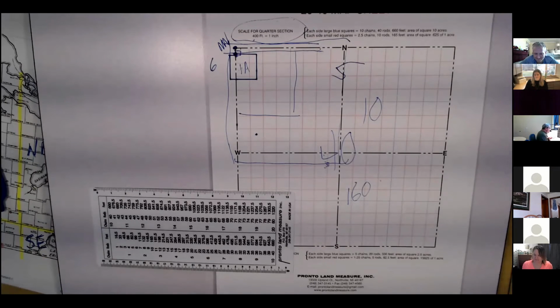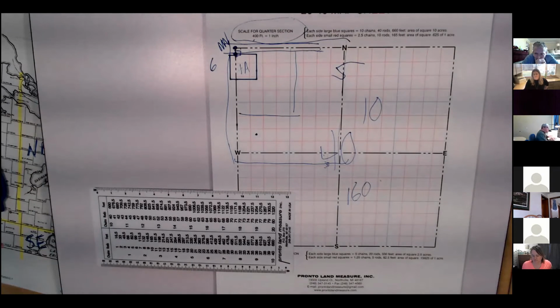A survey township is 36 square miles, and there can be 1, 2, 3, 4. I think there might even be some political townships in the Upper Peninsula that might have 5 or parts of 5 sections and towns in them.